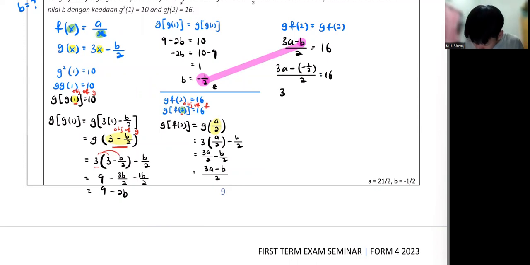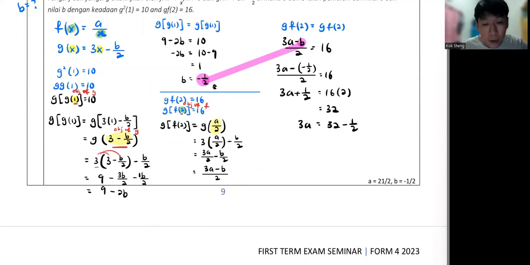So sub in the b value and everything can bring over, find a. So on top, open the bracket, negative, negative become plus. The 2 at the bottom bring over, 16 times 2. Okay, the rest bring over, 32 minus 1 over 2. 63 over 2.